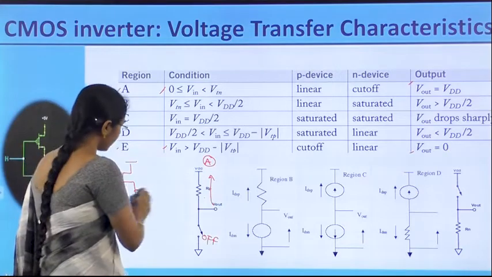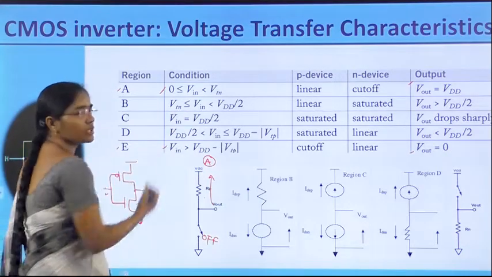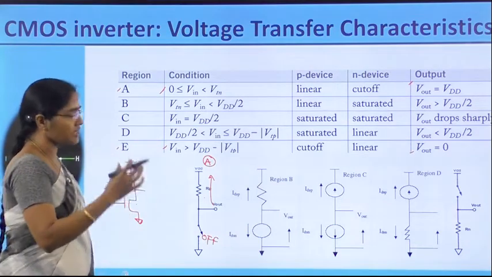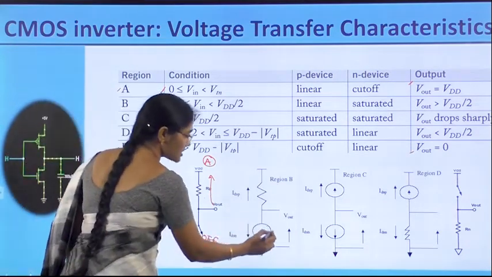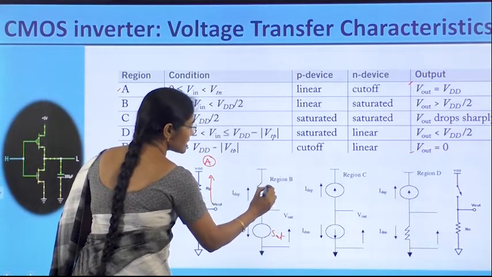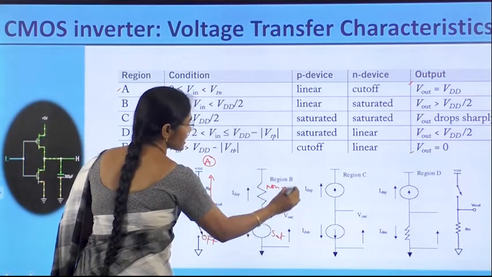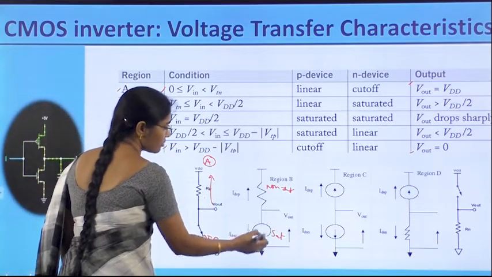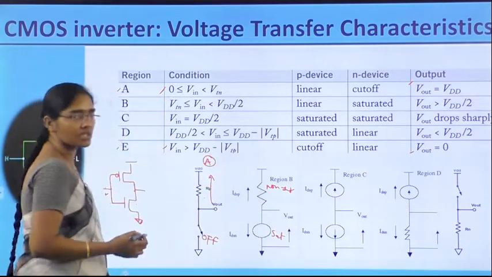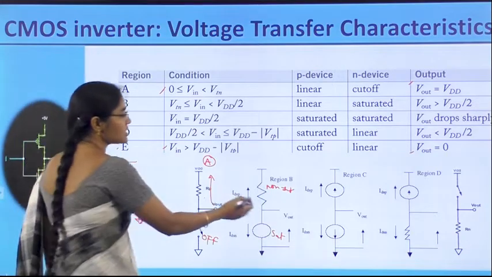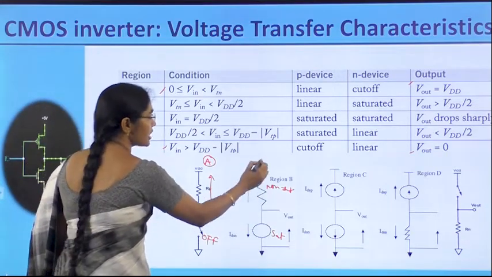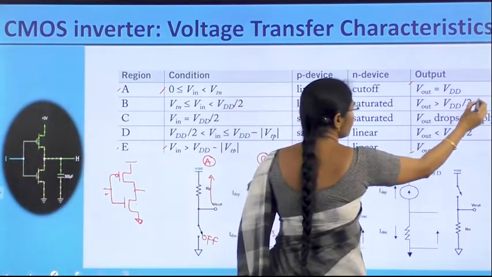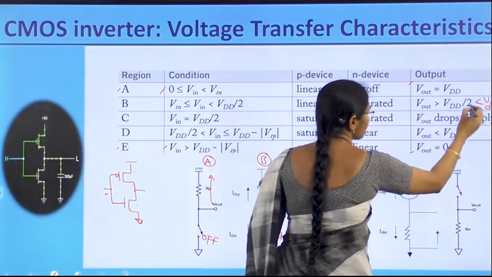Then for the second region, when the input is increased from VTN to VDD by 2, the NMOS transistor is also switched on and goes into the saturation region, and the PMOS transistor will be in the non-saturation mode. Saturation mode is represented as a current source, and non-saturation is represented as a resistor. Now the output voltage is reduced compared to the previous case in region B, that is, the output is less than VDD and greater than VDD by 2.